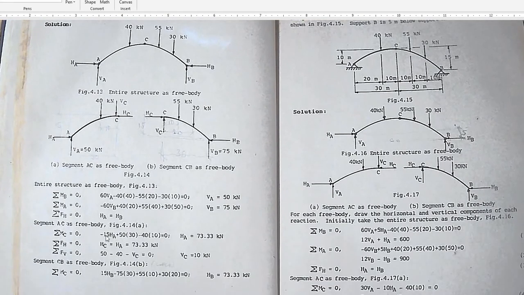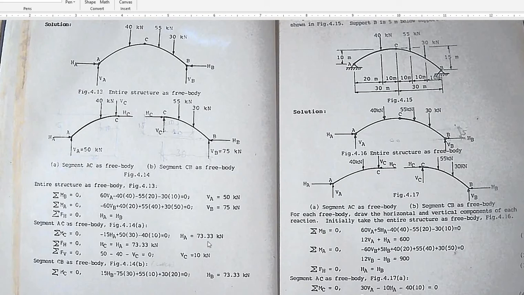Then, plus 50 times 30. That 50 is V sub A, and 30 is the lever arm from point C. And then negative 40 times 10, negative because it gives a counterclockwise direction, equal to 0.